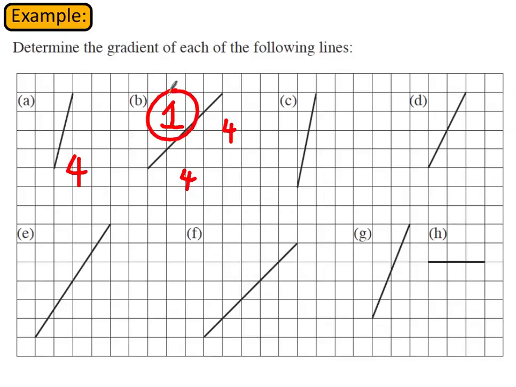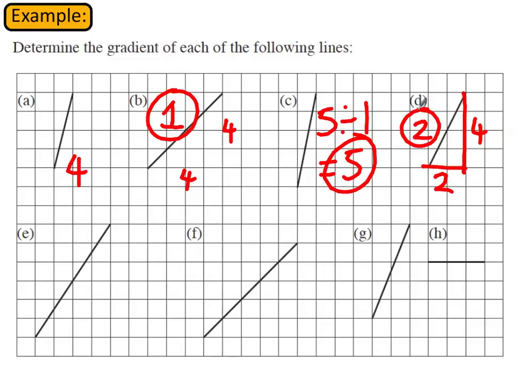In C, we've got a change up of 5 divided by a change across of 1, so that is a gradient of 5. In D, we have a change in y going up of 4, divided by a change across of 2, so that gives us a gradient of 2 when we divide 4 by 2.